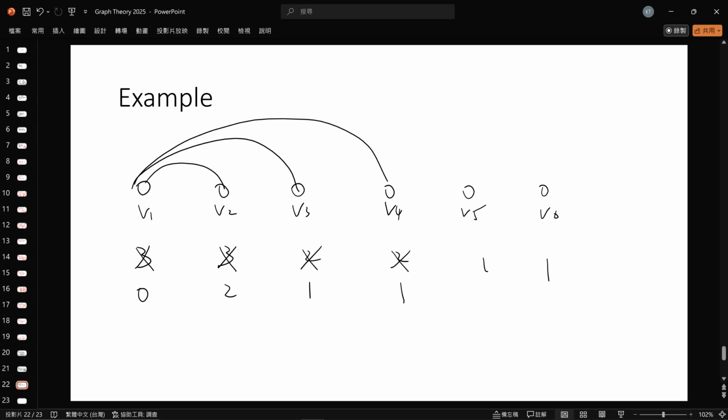Since the target degree is 2, we need to find 2 neighbors for V2.